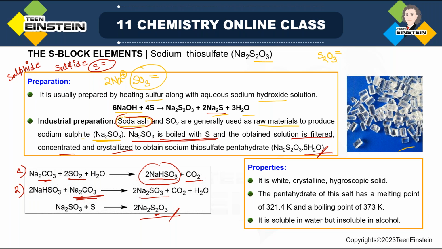White crystalline hygroscopic solid. The pentahydrate of this salt has a melting point of 321.4. Soluble in water, but not in alcohol. This is expected because it is an ionic compound, so obviously this should be the observation.